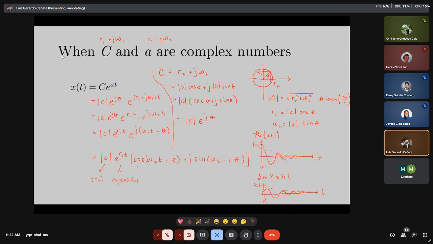So this generalized representation of C and a really does point towards the fact that the representation that Ce^(at) contains is very wide and very vast.